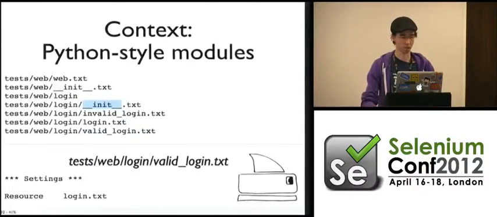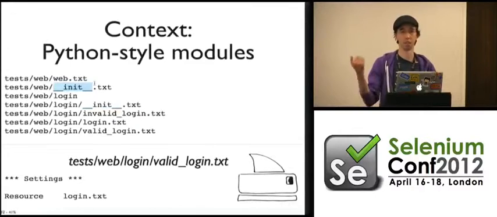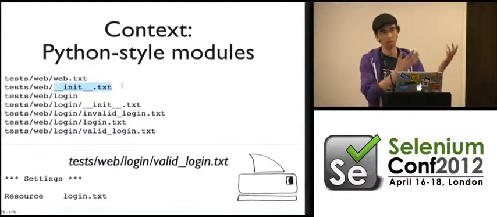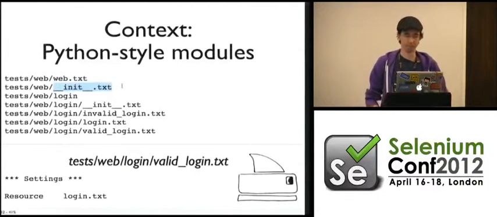And because the login suite is nested in the web suite, all the keyword definitions one level above are also defined, and I can call them. So maybe in the web suite I define, okay, you need to start a browser, start the Selenium server, set these few variables, and then down here I can just use them by just dropping the test in the correct folder, and all the context is there.